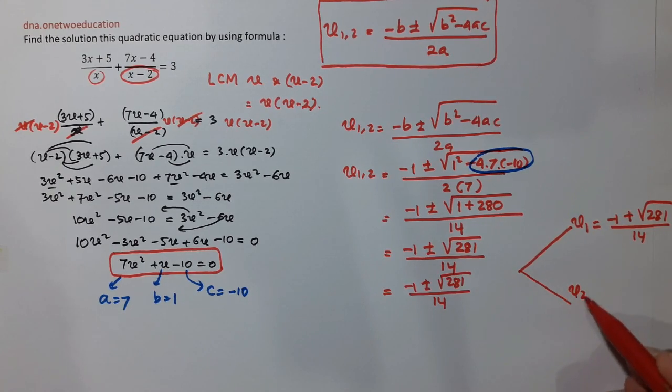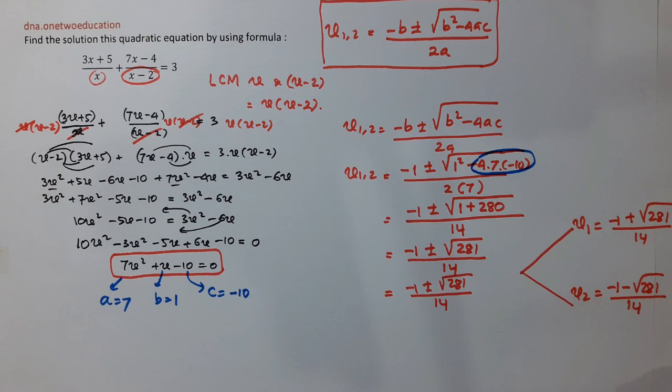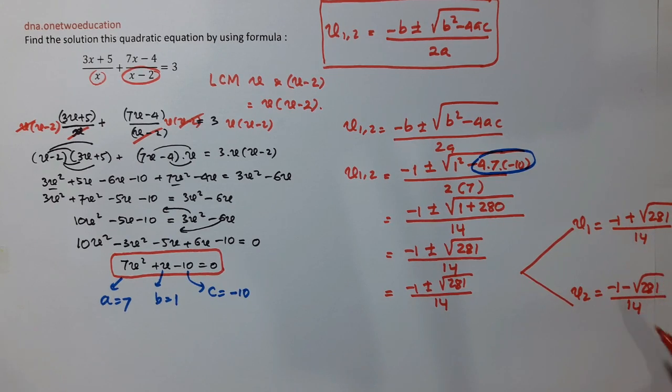And x2 equal, you can take the minus, minus 1 minus root of 281 over 14. Okay, so every single quadratic equation has two solutions, the positive one and negative one. Okay, we go to the next question.